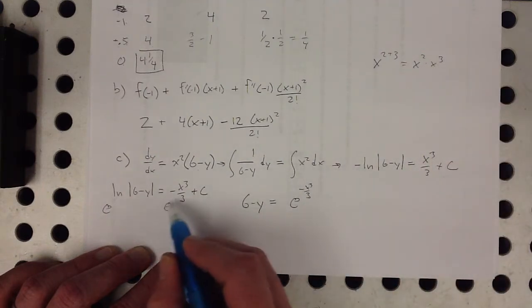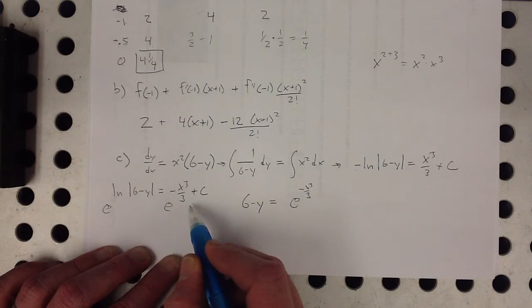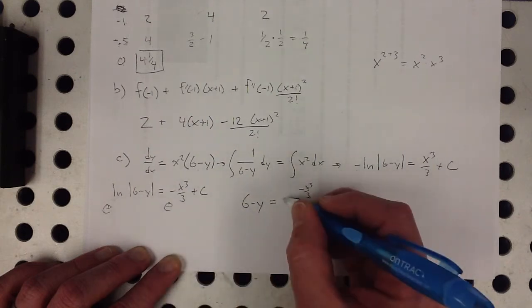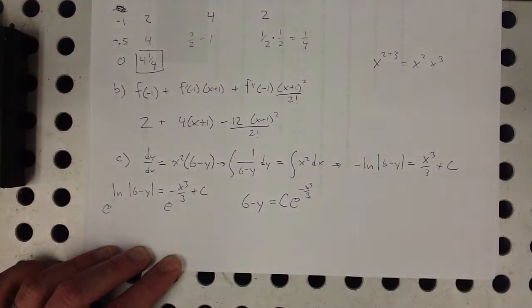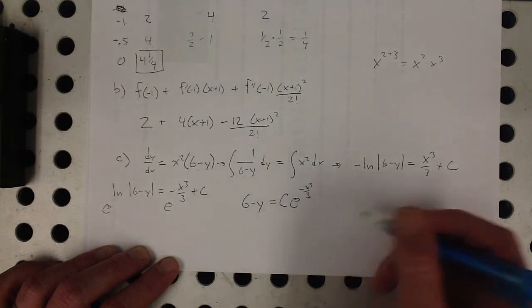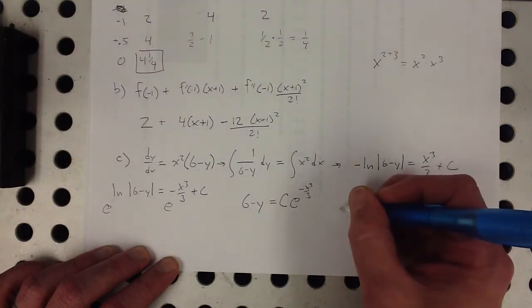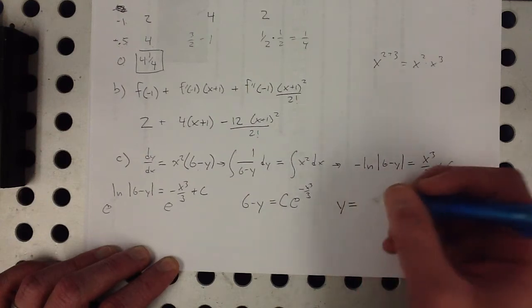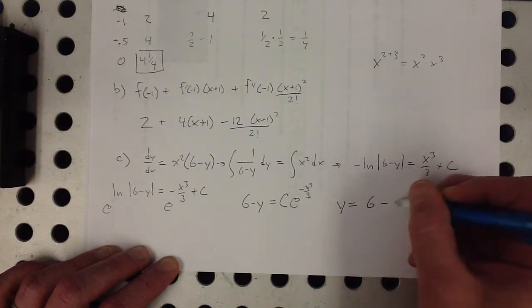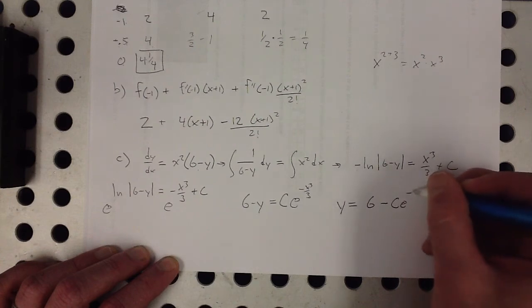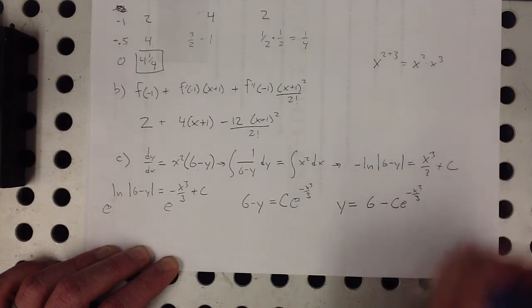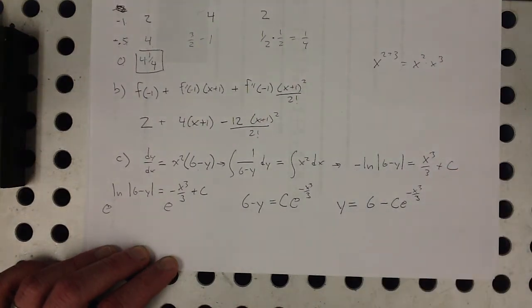So this would be like e to this times e to this, and e to the c is just like some other constant that I'm going to write out here in front. So again, solving for y, I move the y over to this side. That gives me y is equal to 6 minus c e to the minus x cubed over 3. And now we just have to solve for c.